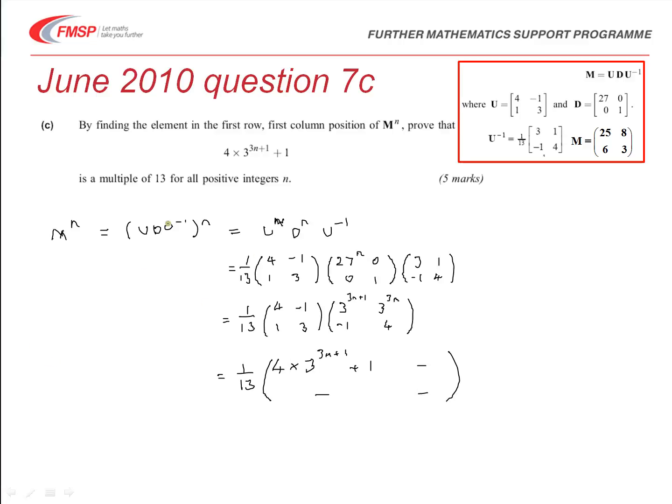Now we've got to explain why this number here is a multiple of 13. So what do we need to say? Well, we need to say that M has got integer values. M has integer values.